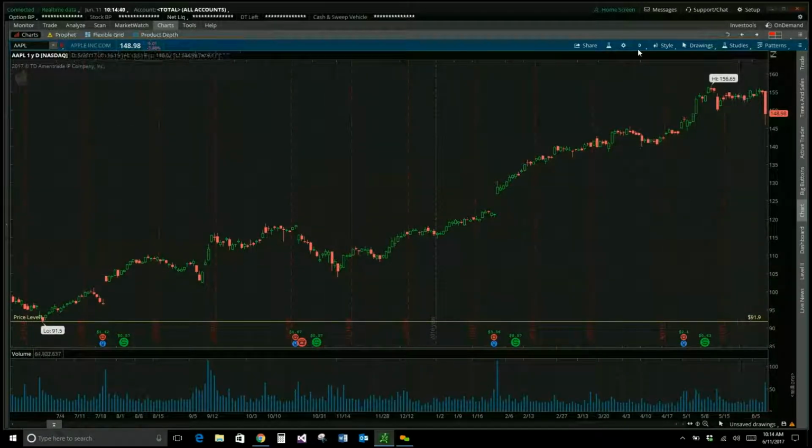Okay, so you can also use the trend lines to define support and resistance. It's actually not going to work. Let's find something else. Maybe S&P 500.